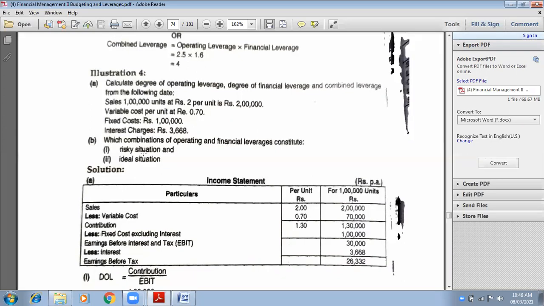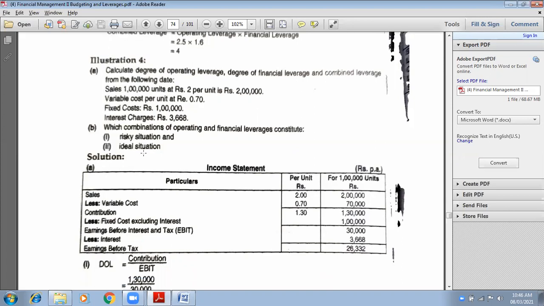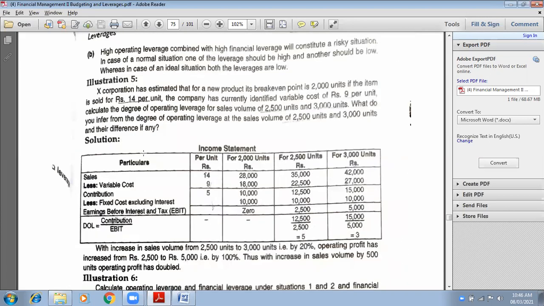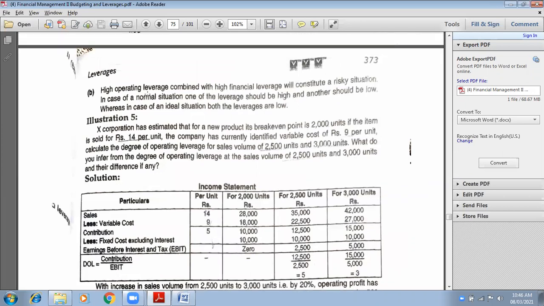What is the ideal situation? Ideal means both of them are low. High operating leverage combined with high financial leverage will constitute a risky situation.